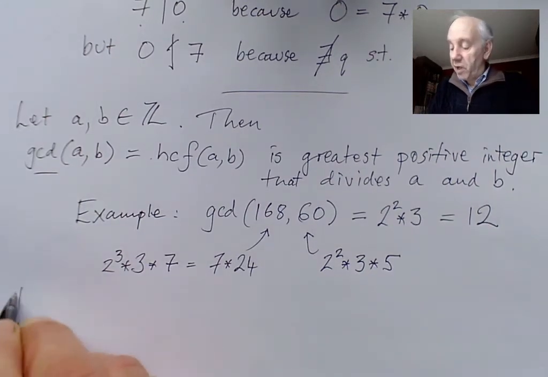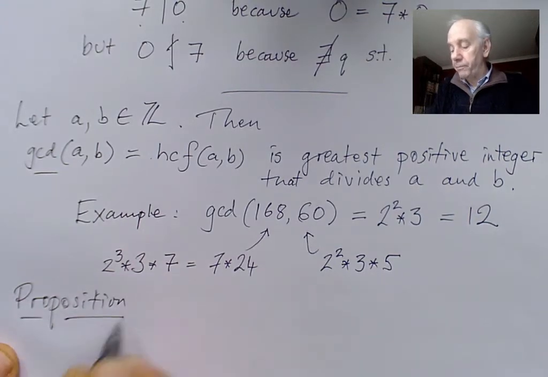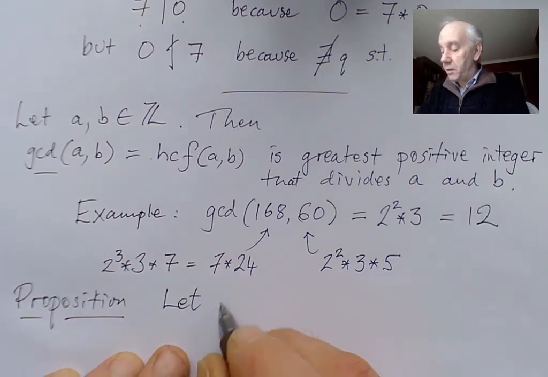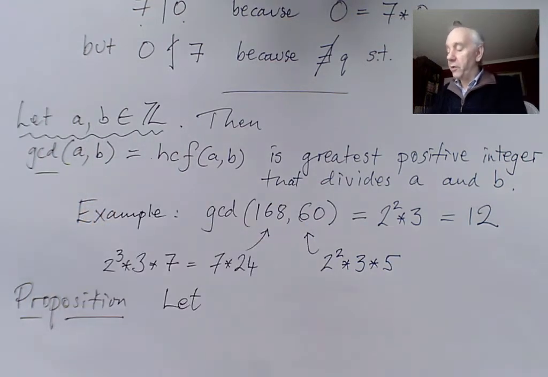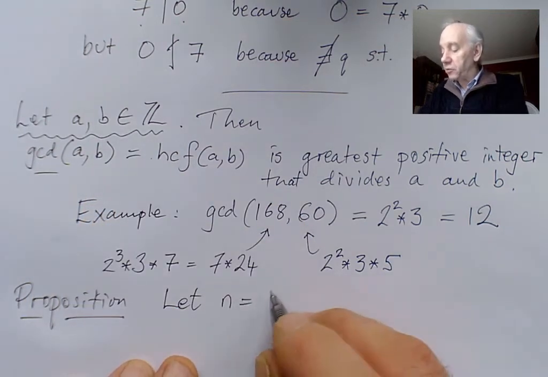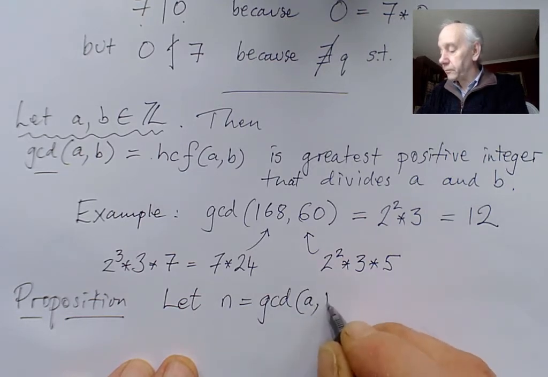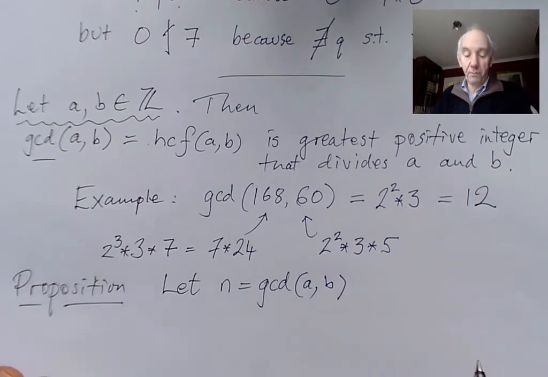So let me write this as a proposition. Let me denote by n, again with integers a and b, shorthand for their greatest common divisor. I could have called it g, but n is more common notation for an integer.